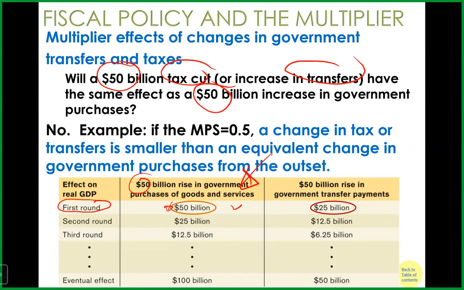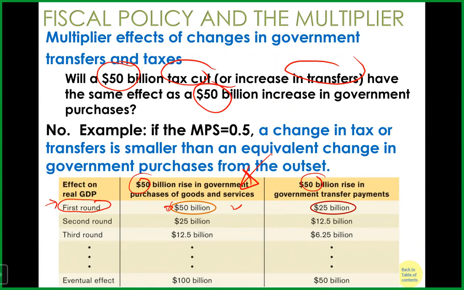Now let's compare the alternative, in which the government gives households 50 billion to spend, either through a tax cut or an increase in transfers. In the first round, you already see the difference. Households have 50 billion.